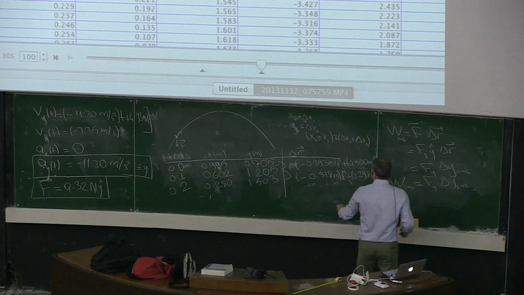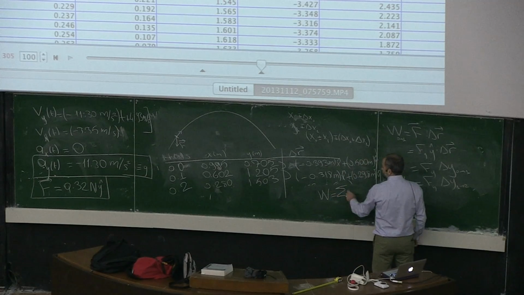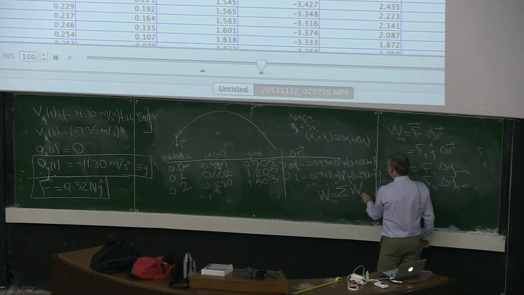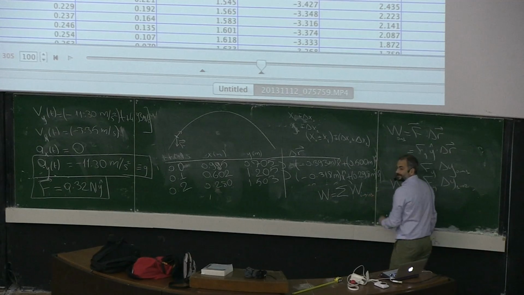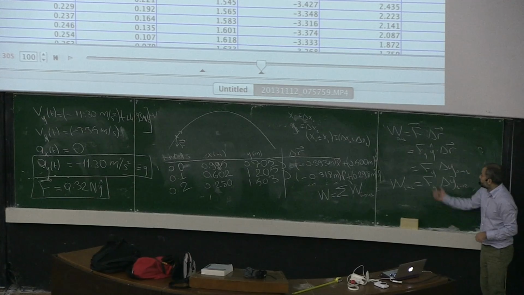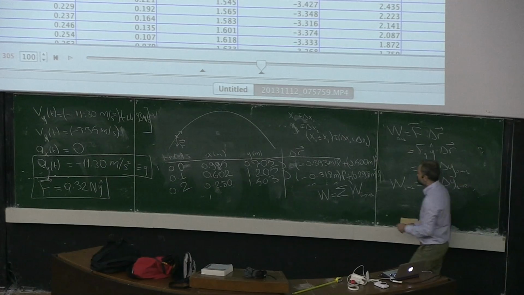And then the total work will be nothing but the works done as my object goes from the ith step to the i plus first step. Now, in this case, this force is constant, so that simplifies my calculation because I can just take it out of this summation sign.